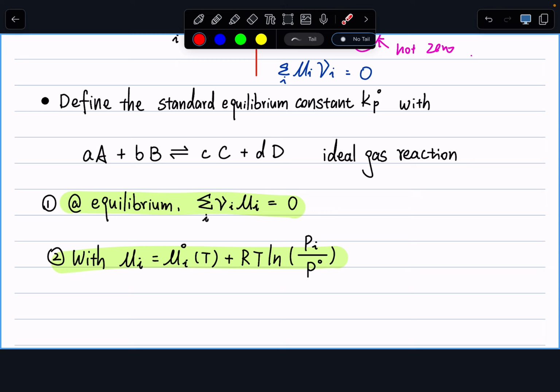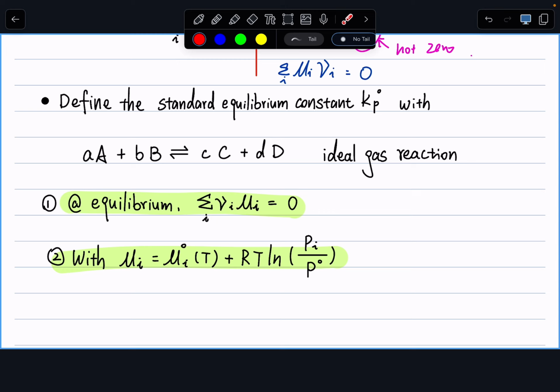So I want to organize my terms a little bit. I want to put all my logarithm functions on the right-hand side, and everything else, my standard chemical potentials, I want them to stay on the left. If I take all my standard chemical potentials out and put them on the left, we have C μ naught C plus D μ naught D minus A μ naught A minus B μ naught B. I'm just taking all these terms and they stay where they are.